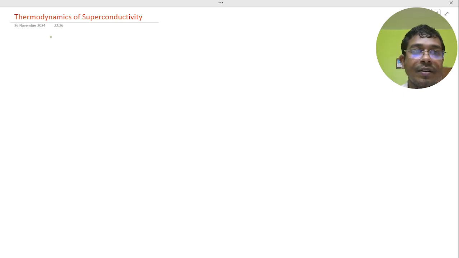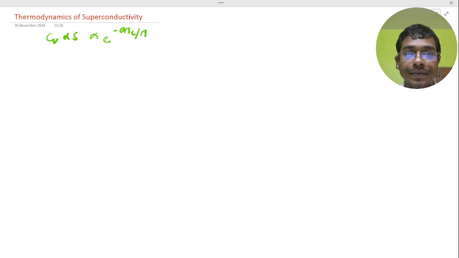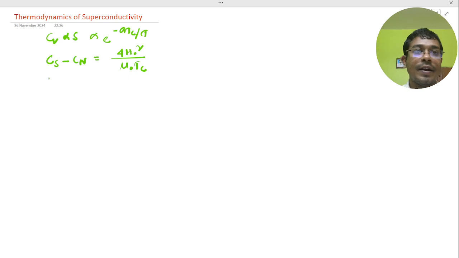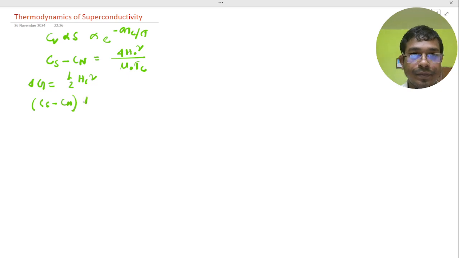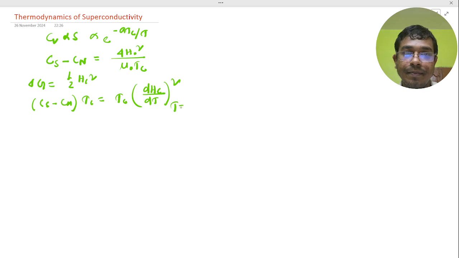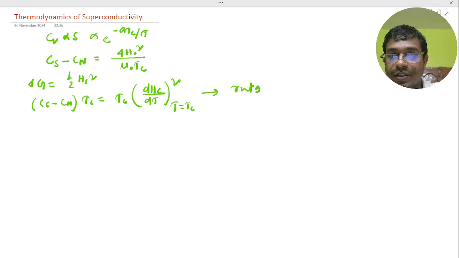So basically here we have in general CV is proportional to S, which is proportional to exponential minus A Tc by T, where the reverse formula is given as Cs minus Cn is 4 H naught square by mu naught Tc, and we have another, del G equals half Hc square, which gives the free energy change, and Cs minus Cn equals Tc times dHc by dT whole square at critical temperature, and this is called the Rutgers equation.